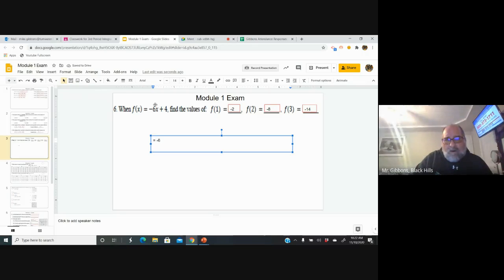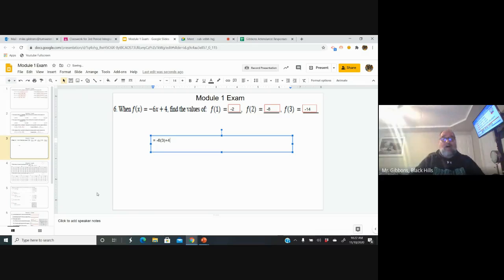And then where the x is, I'm going to do a parenthesis. And then what's my input for, let's do the 3 right here. The 3 is my x. So I go 3, and then I close that parenthesis, and then all I have to do is add 4.